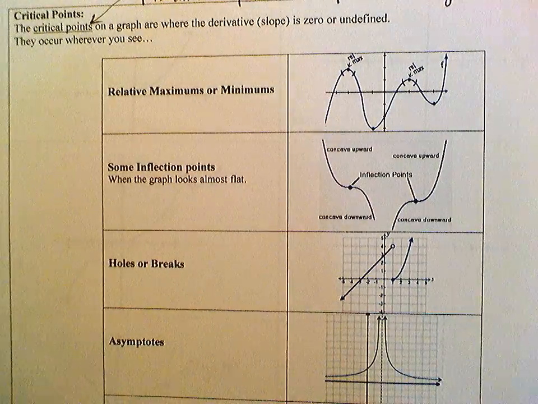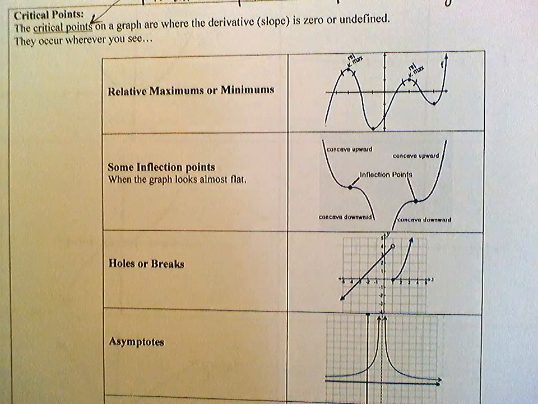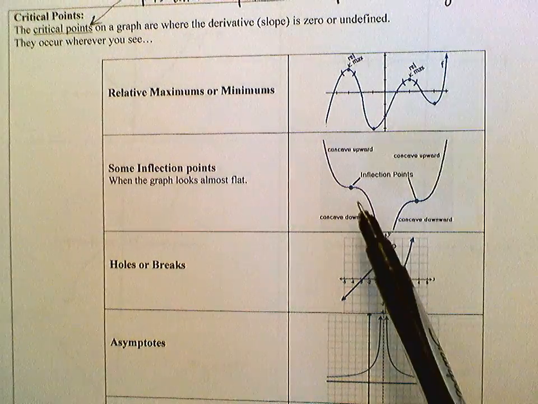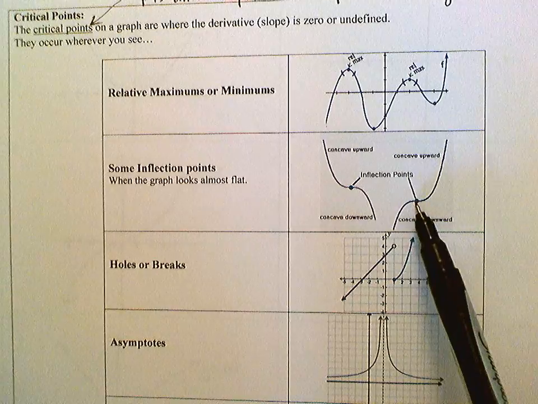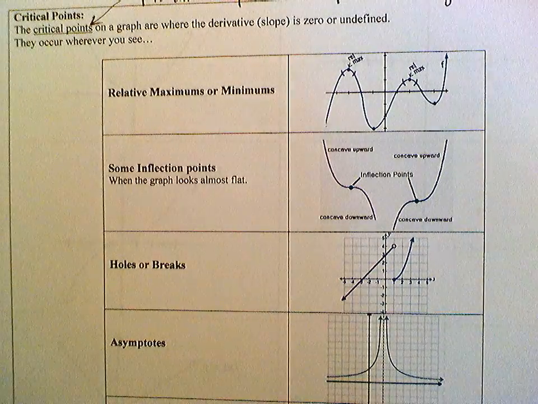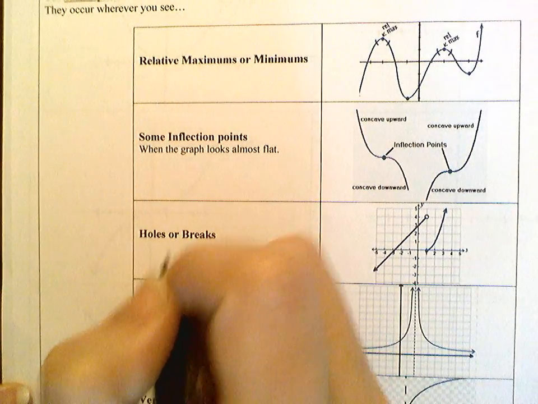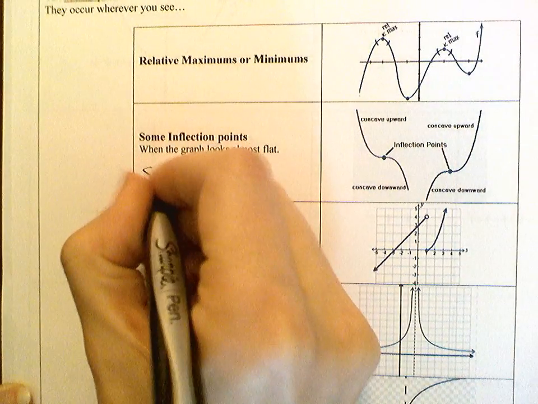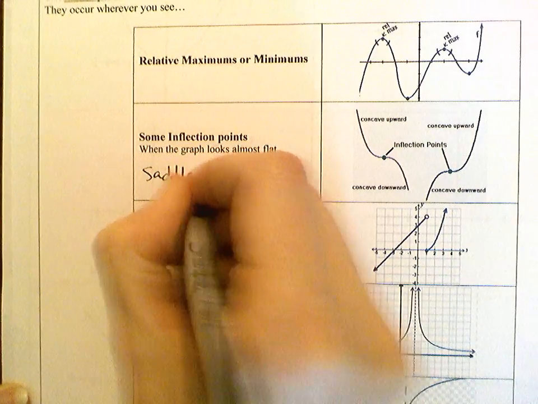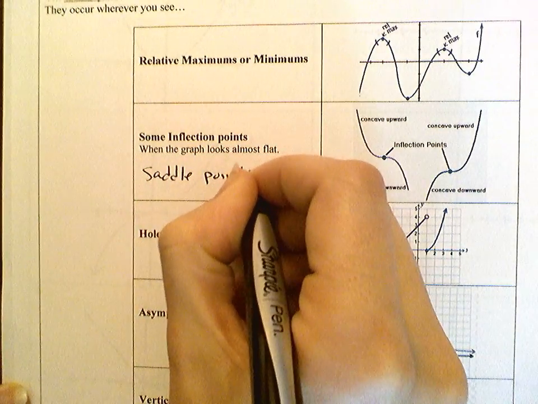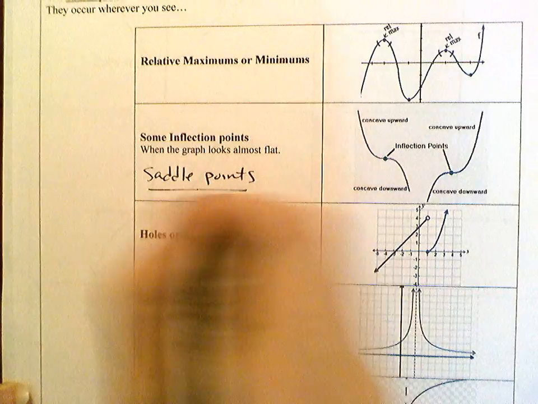Now, some inflection points. We will talk later more about what an inflection point is, but these would be examples of inflection points. Let's write this down: some inflection points, I read the other day, are called saddle points.